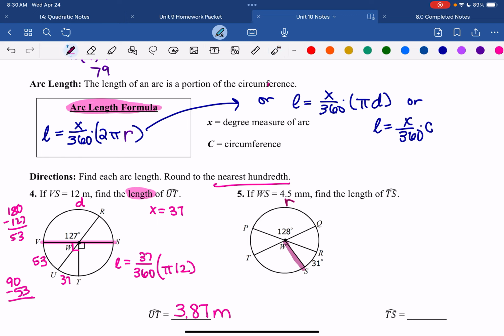So we're going to do, again, a little bit of math. First we know, let's find this one. So I'm going to do 180 minus that 128. That gets this to be 52. Now together, all of these again equal to 180. So now we do 180 minus the 52 minus the 31.